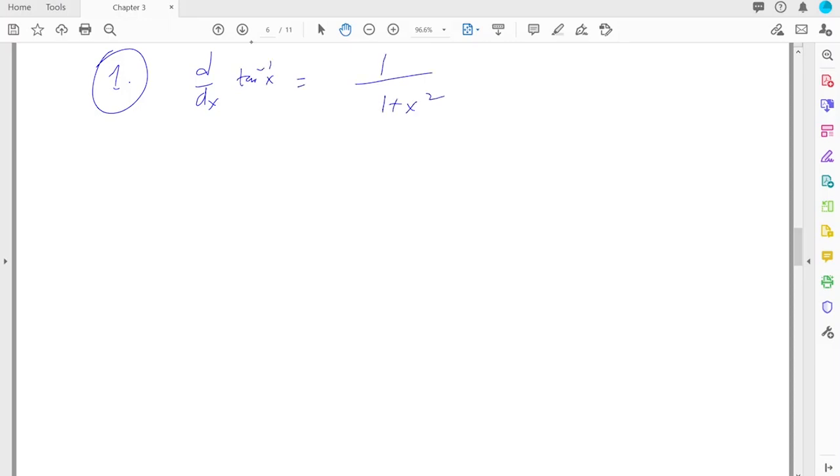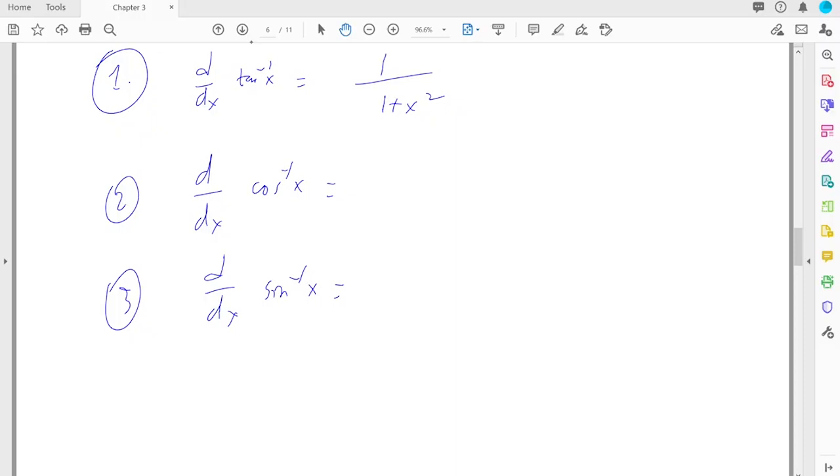We can do the very same thing for the derivative of cosine inverse x and the derivative of sine inverse x. We can do exactly the same thing and find the derivative of these functions. I'm just going to write down their respective derivatives here.